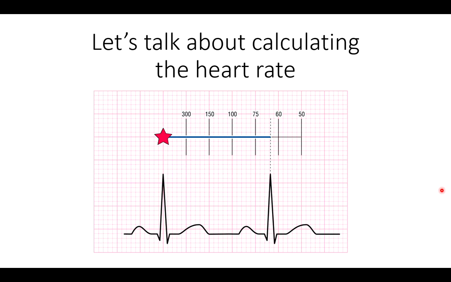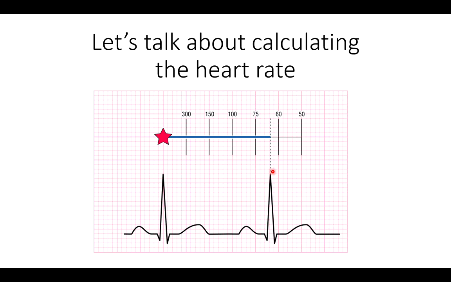If we have R waves that are occurring at random intervals, we can't really use this technique, because it would tell us something between one R wave might look like 300, and between another R wave it might look like 150, or it might look like 100, especially if we're missing certain patterns. Maybe we have some type of heart block, as an example. But let's assume we have a regular rate.